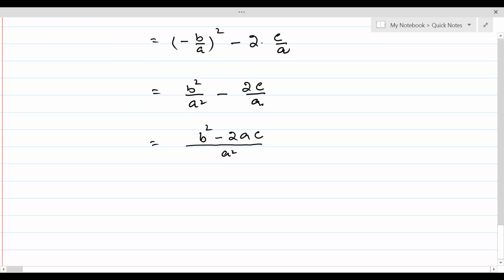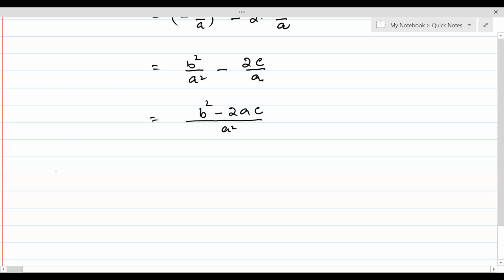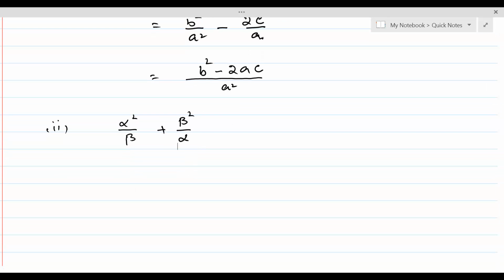Similarly, if we want to write out another one, now we want to find out the value for alpha square over beta plus beta square over alpha. Again, the same trick. Whatever the expression is, we will write it in terms of alpha plus beta and alpha into beta.